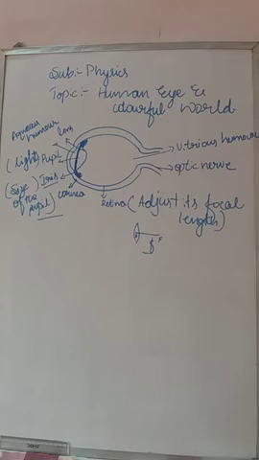So how much light a lens can take is decided by the organ called the pupil. The pupil regulates the amount of light entering the eye. That is the work of the pupil.